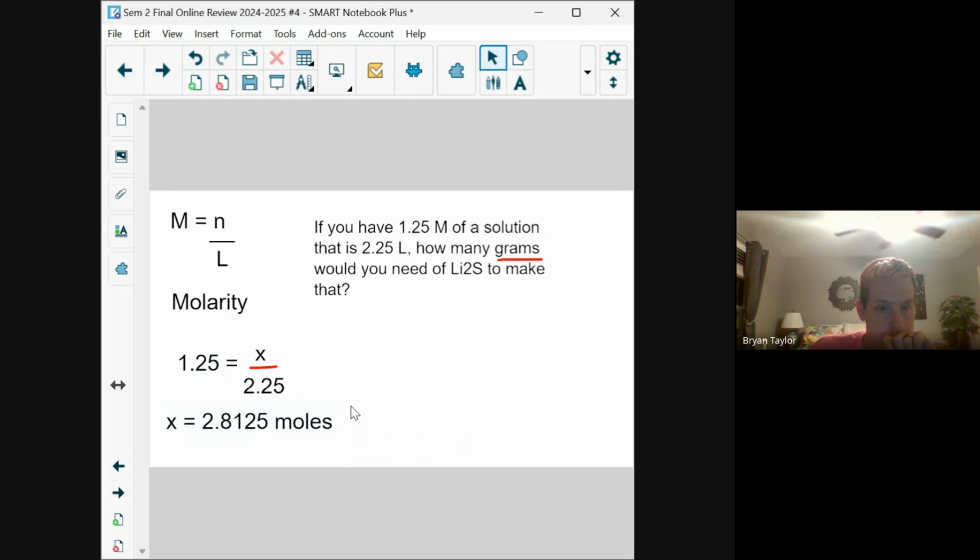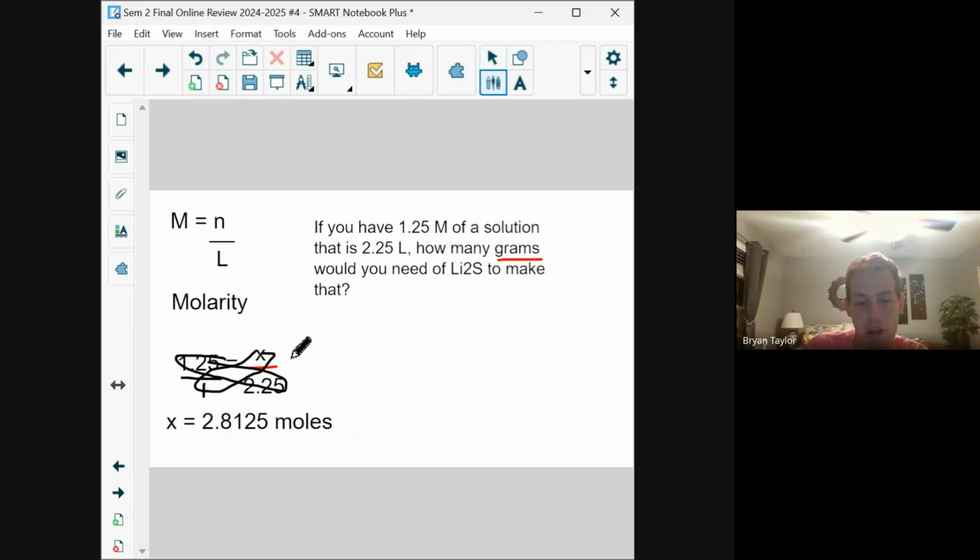Yes, you can cross multiply. Yes, there's 2 ways to do it. One, you can cross multiply because there is an invisible 1 underneath. So 2.25 times 1.25 is 2.8125. And then 1x is x. So that's easy.